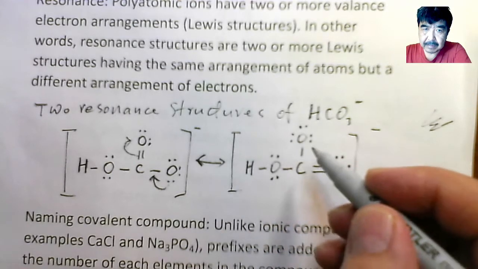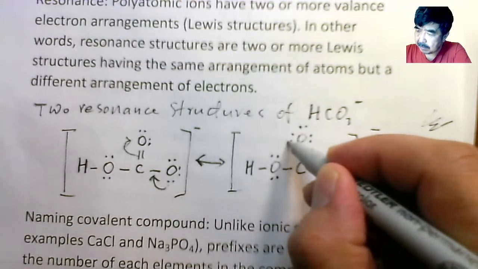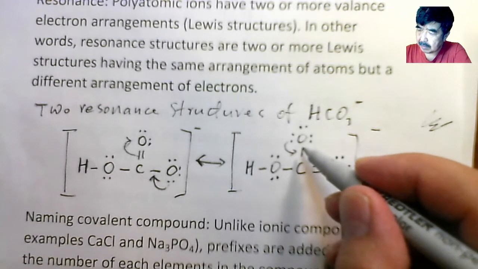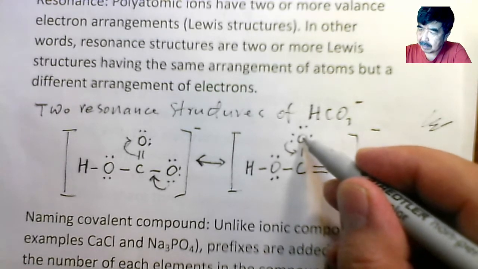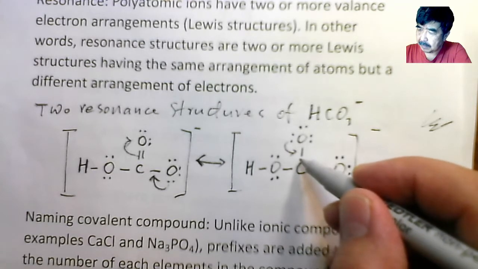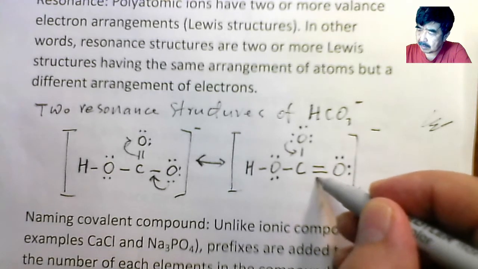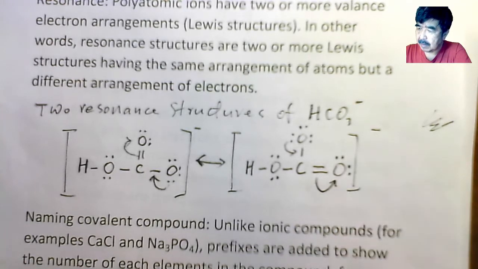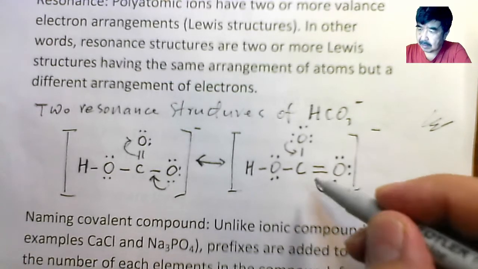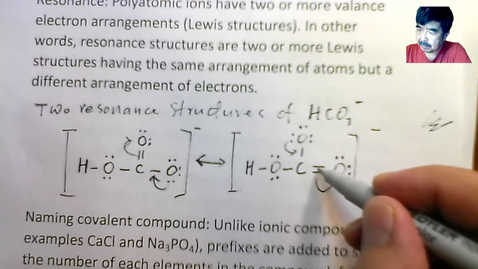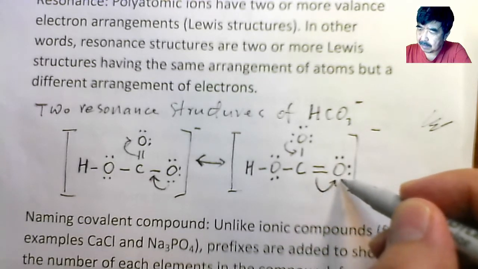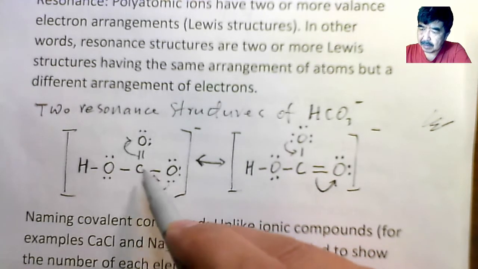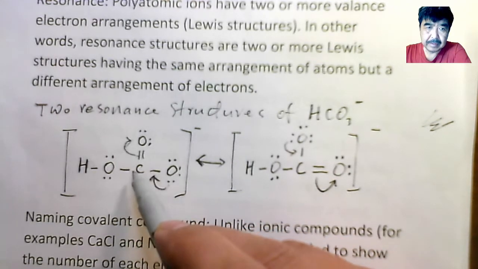Then this form can come back, and this lone pair can come back to the location between oxygen and carbon, and this shared pair can become a lone pair of this oxygen and come back to this form.